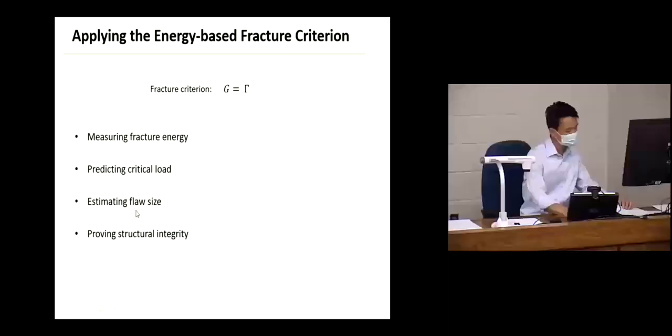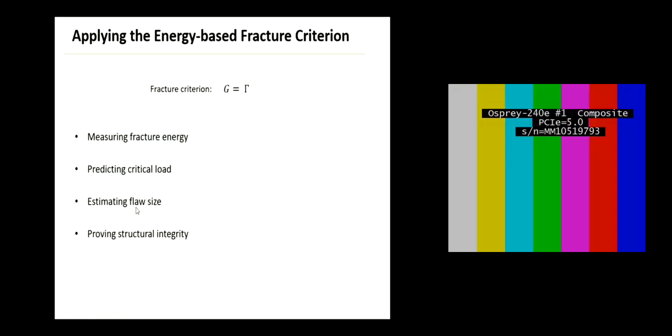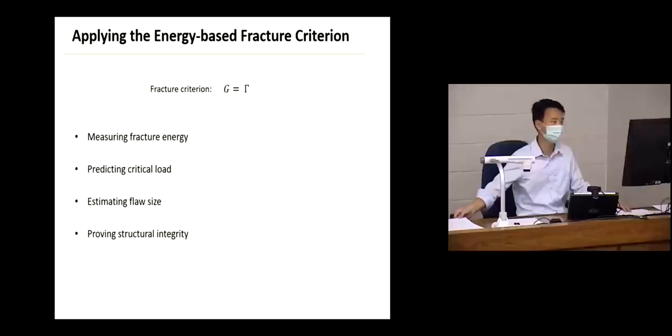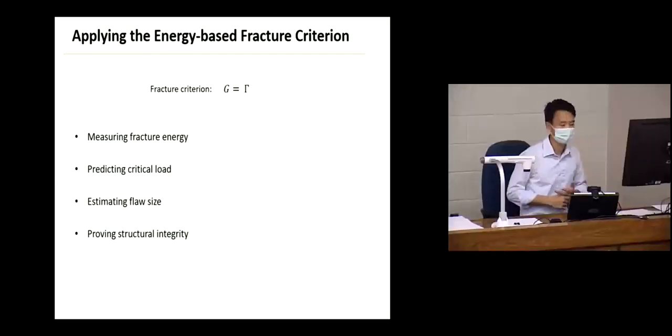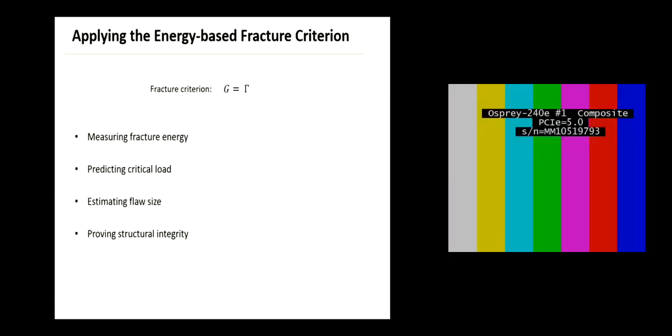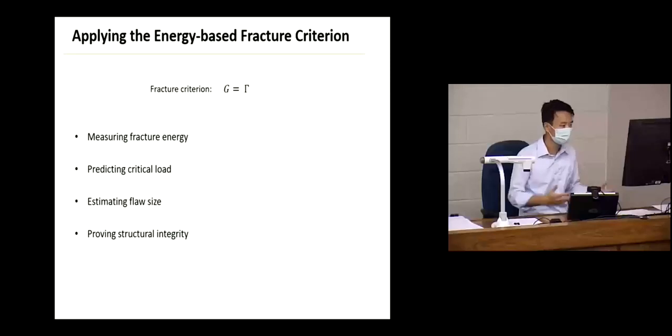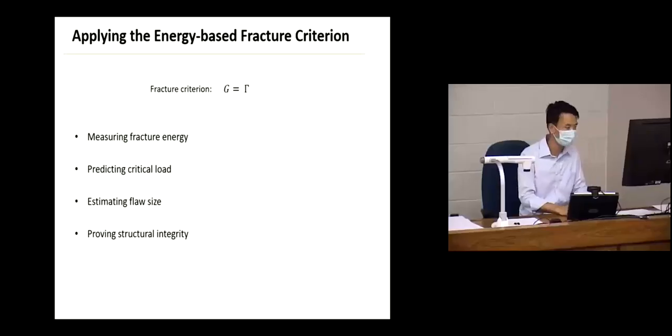Now the third application is that you can estimate the flaw size, right? Sometimes this is what you want to know, because this is something that you can also improve, and we do improve these things. For example, I was involved in designing ceramics for solid oxide fuel cells, right?